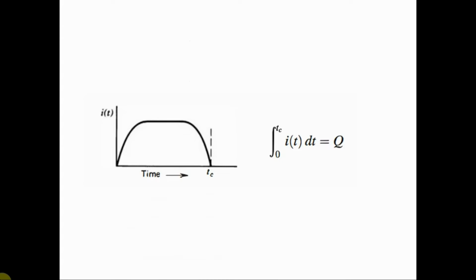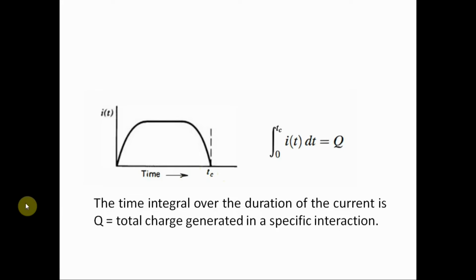This is the time dependence the detector current might assume, where Tc represents the charge collection time, and the time integral over the duration of the current is the total charge Q that is generated in a specific interaction.